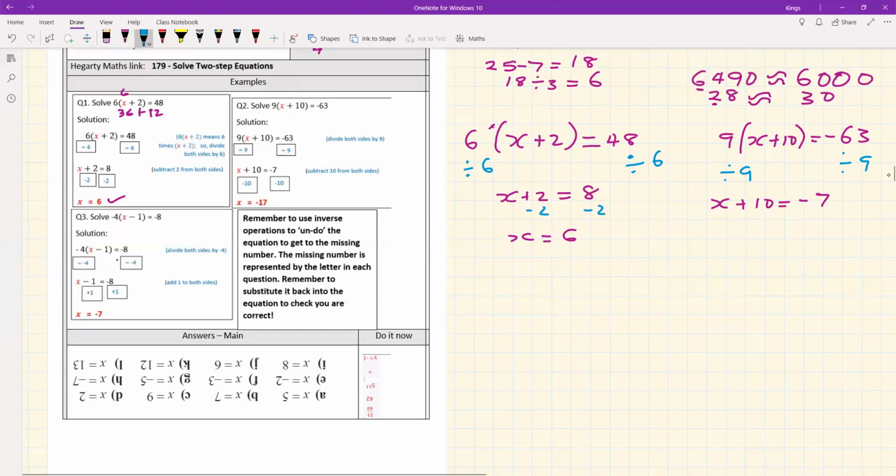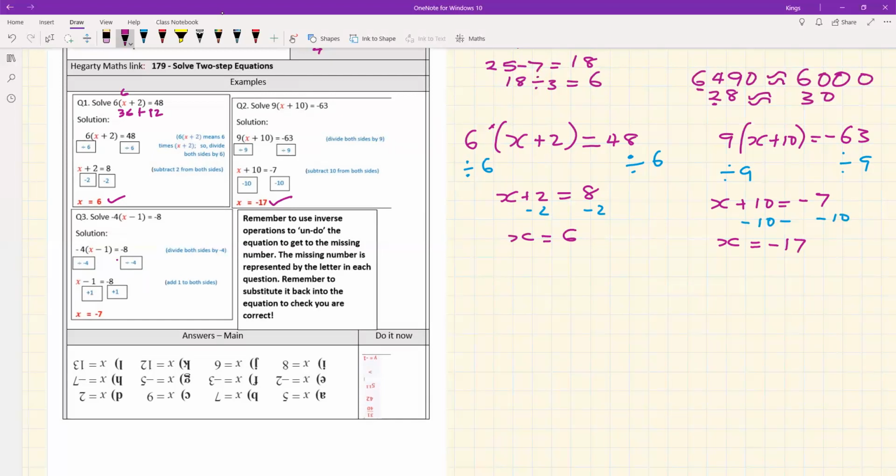And now we're going to take away 10 from both sides. So we've got x on this side equals minus 7 minus 10, which is minus 17. Thinking about your number line, okay? So x is minus 17 on this side here.